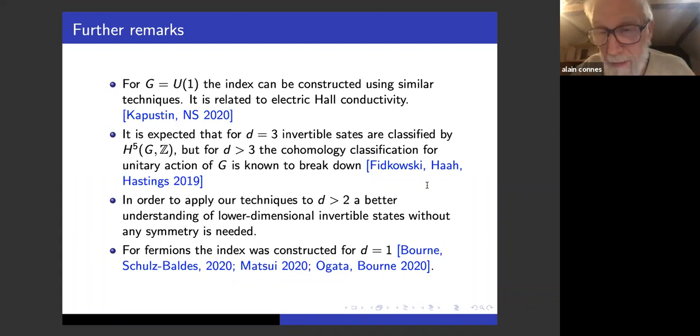I have one comment on the question which was asked in the chat. When you were describing the simple case, where the invariant was in H3, it reminded me exactly of the invariant which I had defined a very, very long time ago, in '75, for classifying the actions of a finite group.